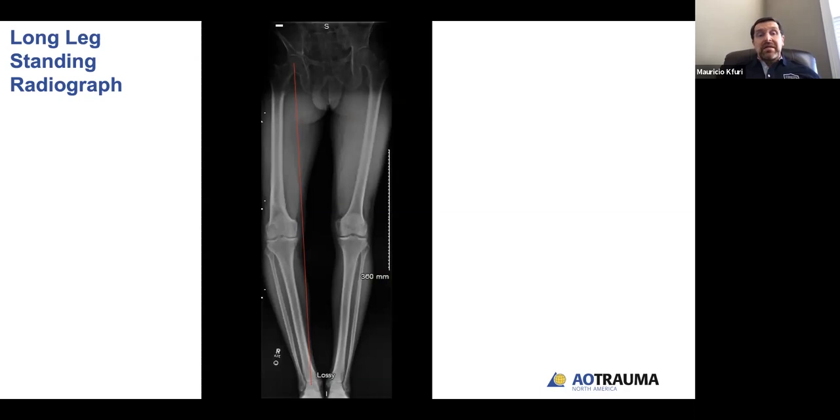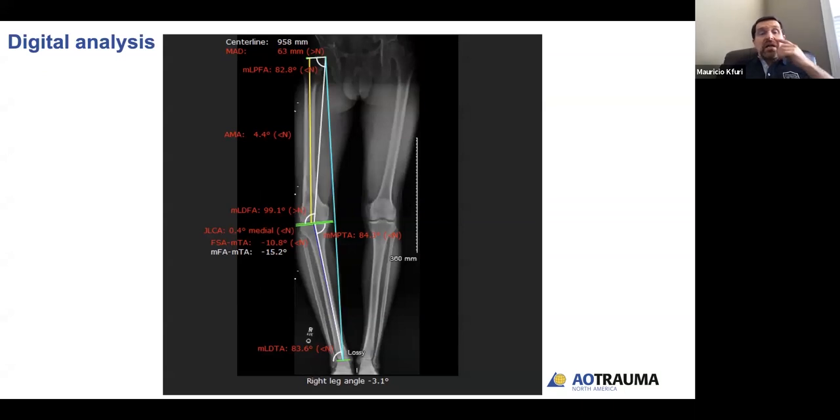This is the way I normally evaluate torsion, and if I have questions, I go for a CT scan to have a complete picture. Mauricio, you are doing it in the prone position, right? As far as hip rotation, yes, for torsional evaluation. Correct, prone. Okay.